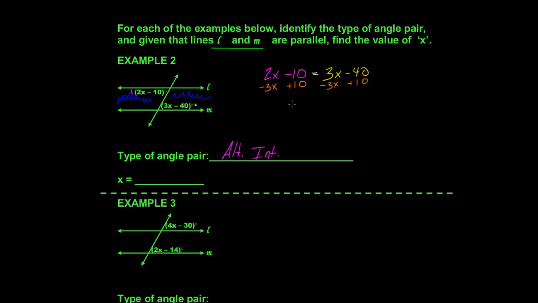We get a negative x equals negative 40 plus 10, negative 30. Multiply both sides by a negative 1, and we end up with x equals a positive 30. So it's asking, what does x equal? 30.